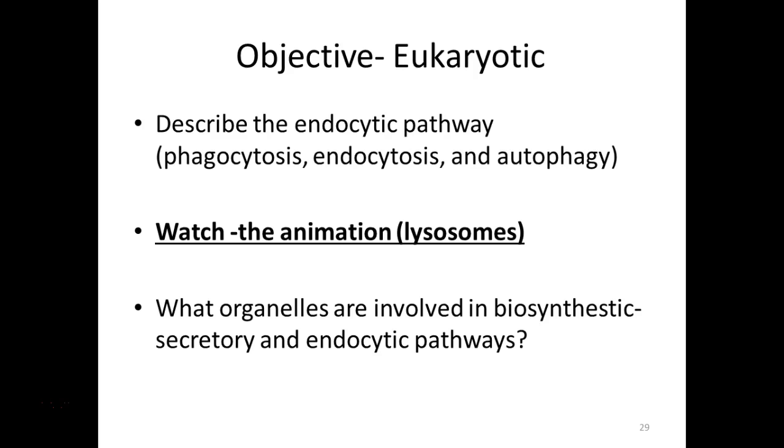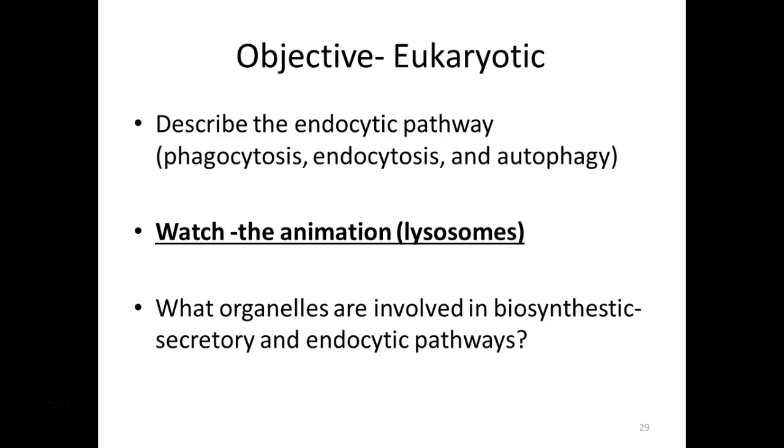So when we look at endocytotic pathways, these are unique to eukaryotes. One of the major reasons why this cannot happen for prokaryotes is they have a cell wall getting in the way. Cell wall is a rigid structure, it's not malleable.